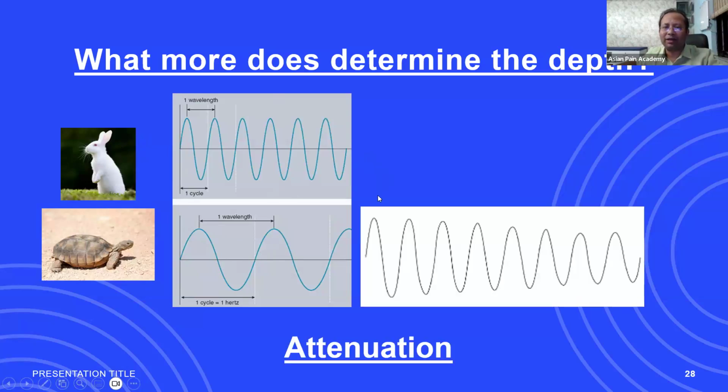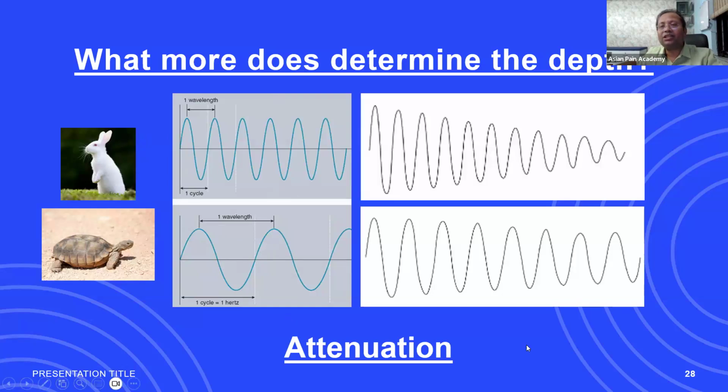But it doesn't happen because of attenuation. At the same distance, a high frequency wave doesn't produce any picture anymore, because the sound wave is so much attenuated at this depth that it doesn't reflect any sound wave to the receiver. In a low frequency probe where the wavelength is higher, it is also attenuated, but not that much.